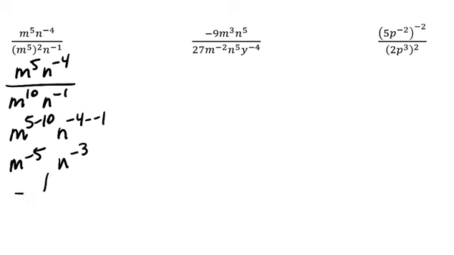Okay, so this is like 1 over m to the 5 and n to the 3. So y'all do these two. You definitely want to be able to do the one in the middle. That one looks super familiar to me.